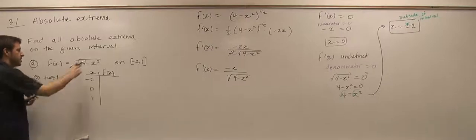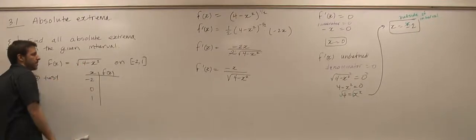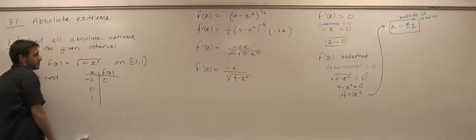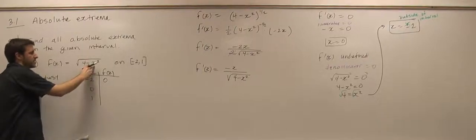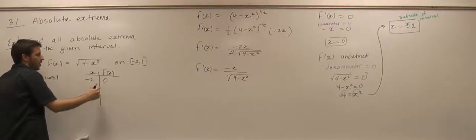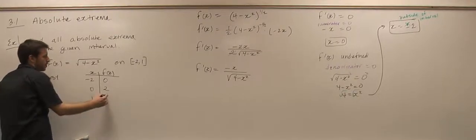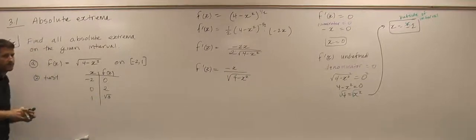So you plug them in to the original function. When you plug in -2, what do you get? 0, right? -2 squared is 4. 4 minus 4. When you plug in 0, you get the square root of 4, which is 2. And when you plug in 1, you get the square root of 3.